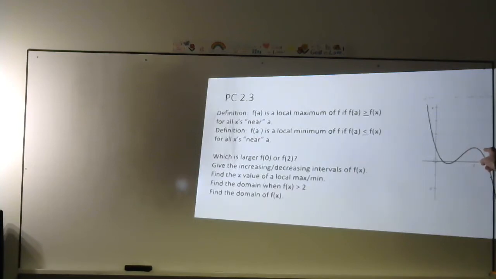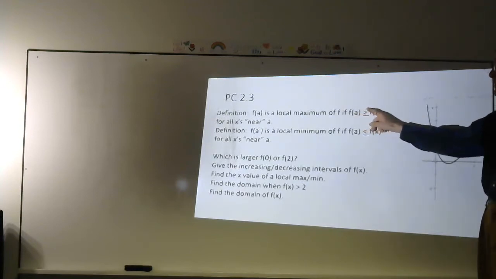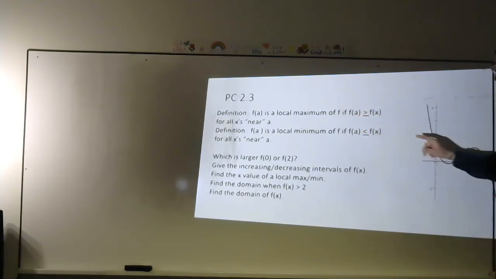Everybody catch that? The other strange thing is f of x is greater than or equal to. So in essence, it could allow for a little bit of a flat spot. If you have a flat top right here, then you'd have a whole lot of little points there that could be local maximums.